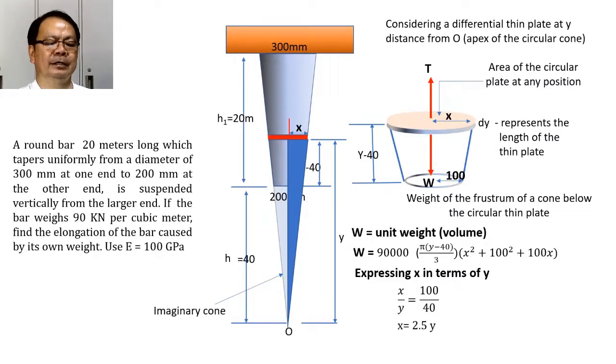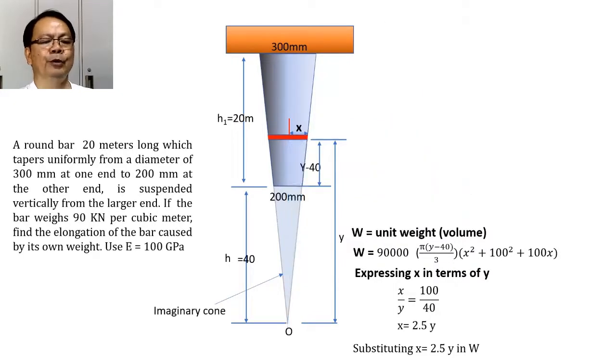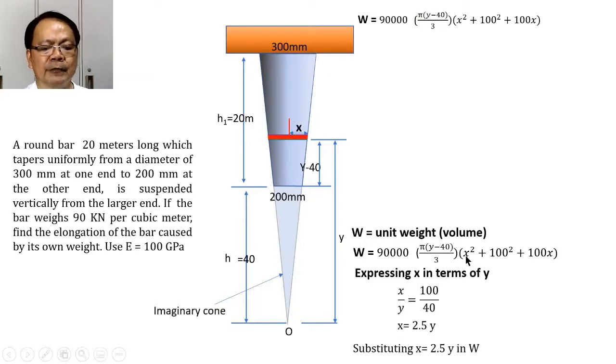Now, if x that is equal to 2.5 multiplied by y shall be substituted here, dito sa value nito, then we are able to express W in terms of y. Di ba? So, let's do it. Substituting x which is equal to 2.5y in W, what are we going to have? Okay, kunin ko lang yan. Dito ko lang substitute sa x ito, no?